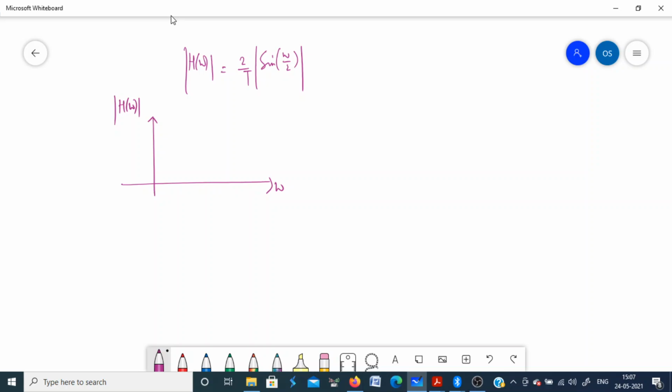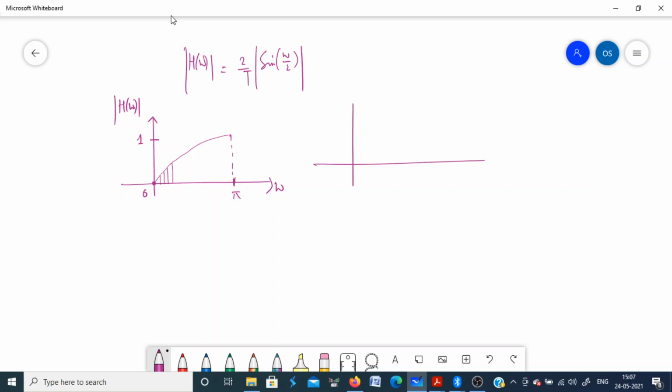At omega equal to pi, it becomes sine of pi/2, and sine of pi/2 is 1. Okay, so it will go from 0 and end up at omega equal to pi, where it becomes 1. Okay, this is the frequency response. So since the DC frequency is 0, it is blocked, and at higher frequencies the gain is increasing according to the sine function.